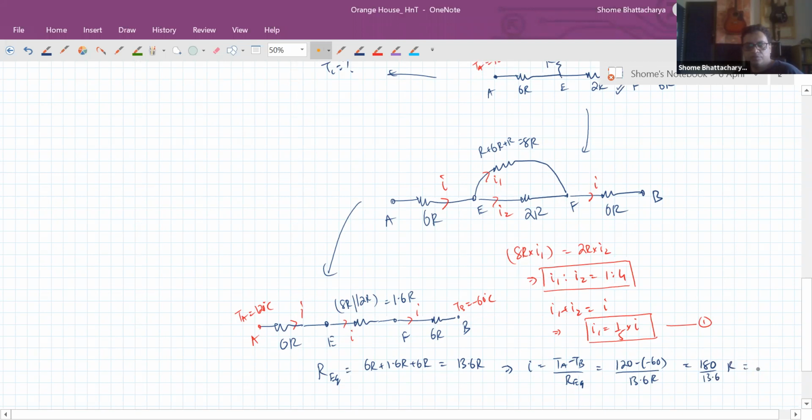Then write 180 by 13.6 as, let's divide by 4 first. 45 divided by, doesn't value that much, but anyway.